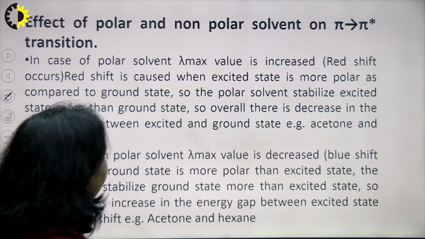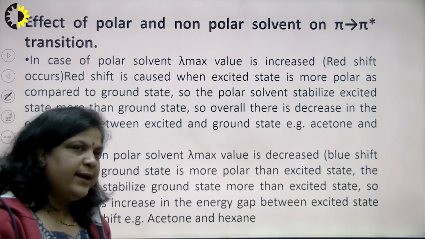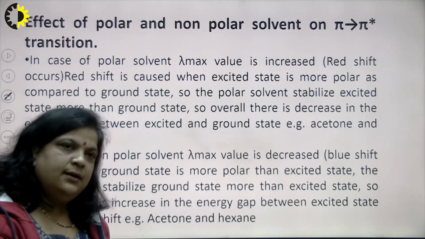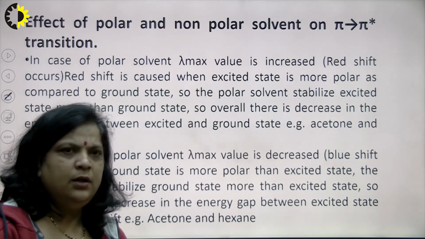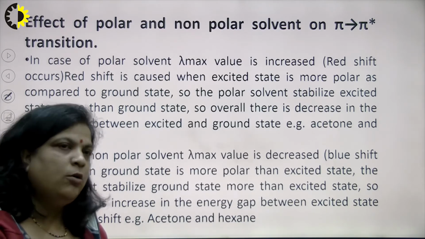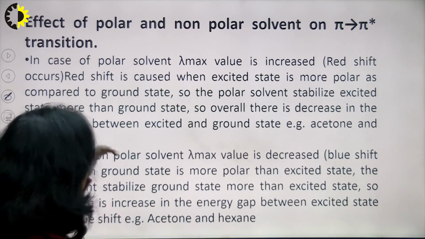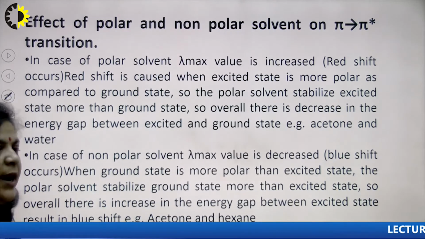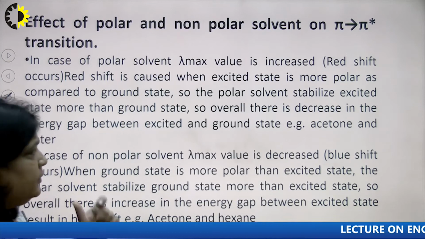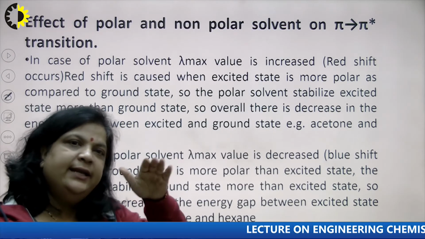For a non-polar compound, its absorption maxima does not shift, in polar solvent as well as in non-polar solvent. But in case of a polar compound, generally for pi to pi star transition, when we use a polar solvent, its lambda max value increases.